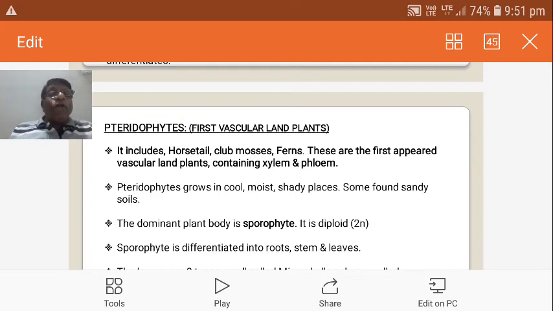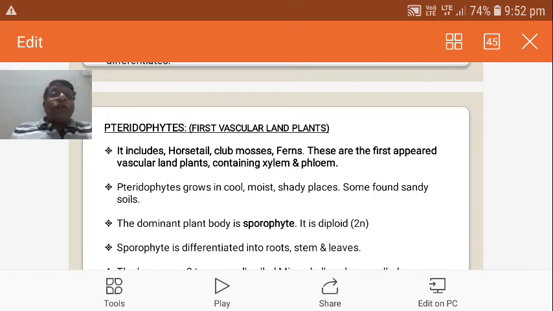See the diagram now, a fern diagram is there. This sporophyte, if we examine carefully, is differentiated into root, stem and leaves. In bryophytes, there is no differentiation of root, stem and leaves, so the plant body is called thallus.